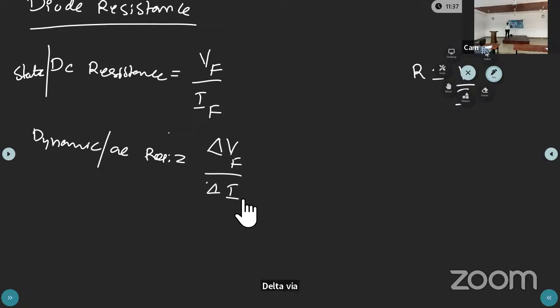The change in the voltage to the change in the current is called the dynamic resistance. In practical analysis, we are not considering the static resistance, we are considering the dynamic resistance.